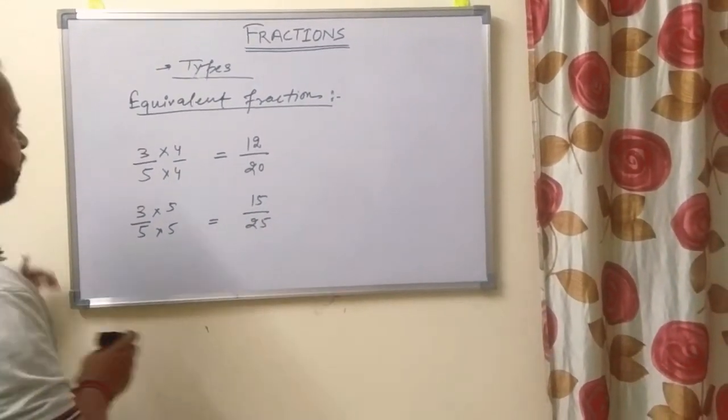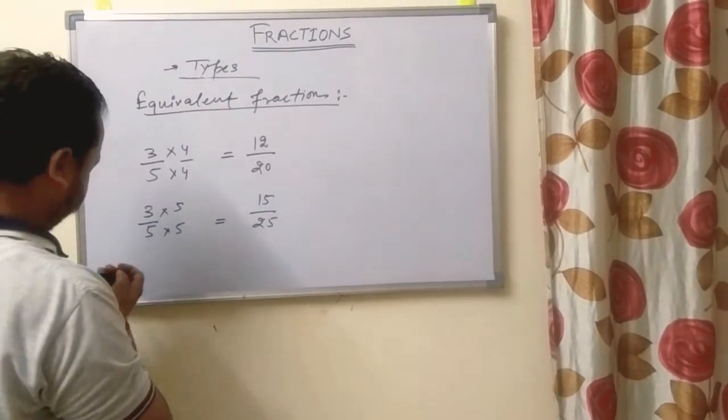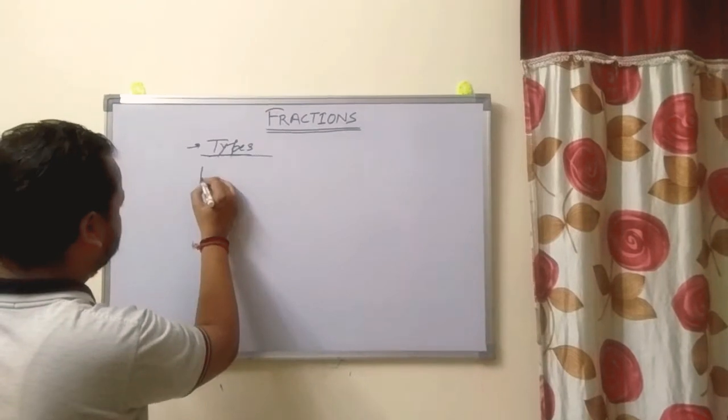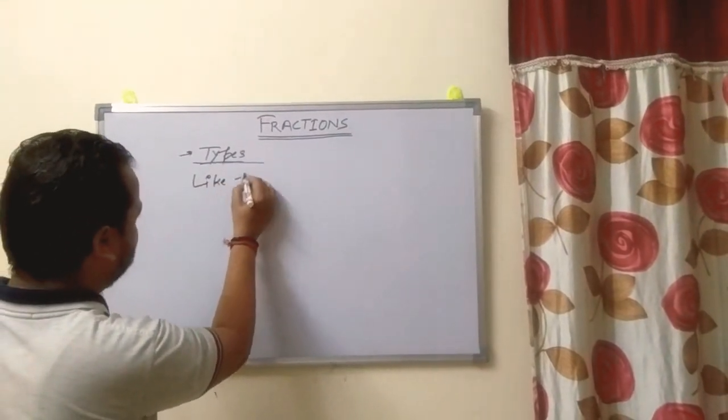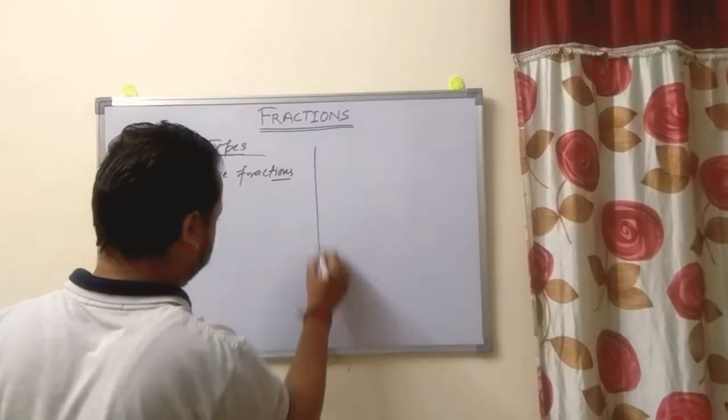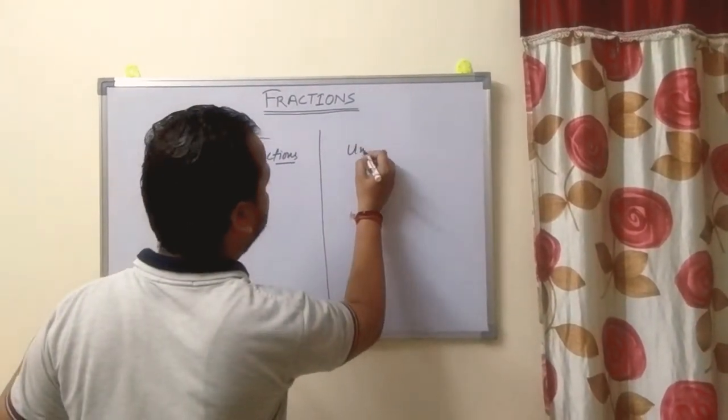So come to next type. Next type is like fractions and unlike fractions.